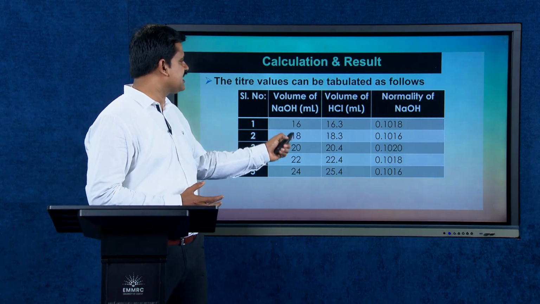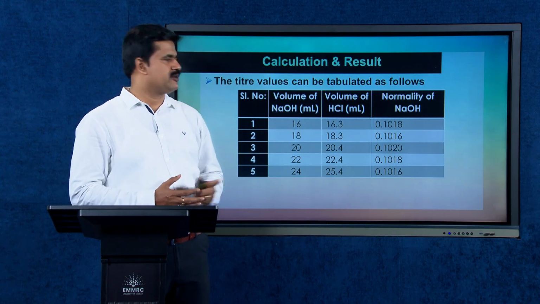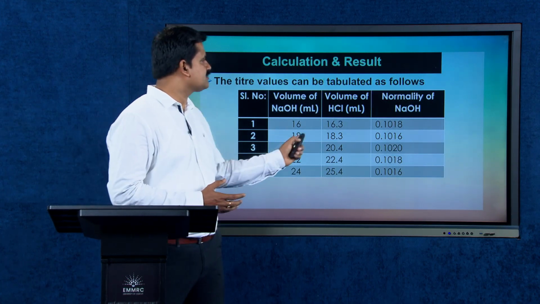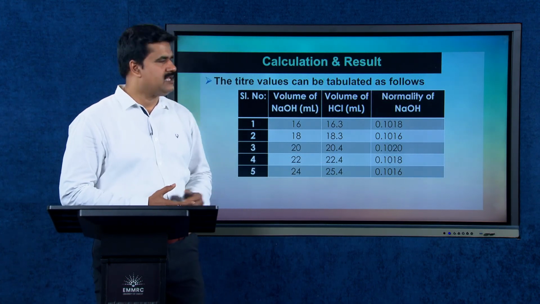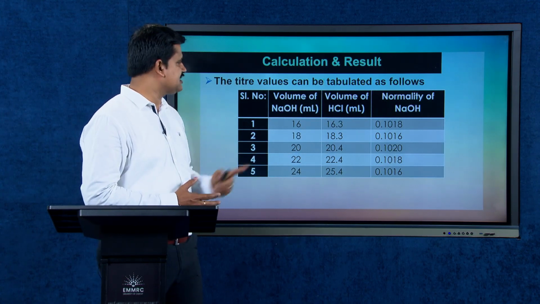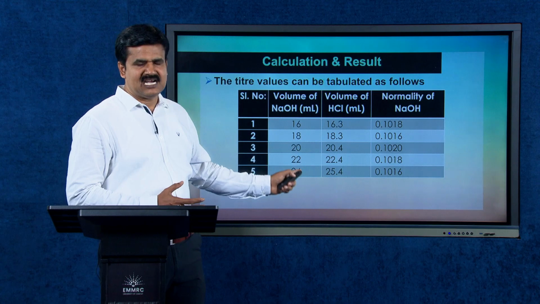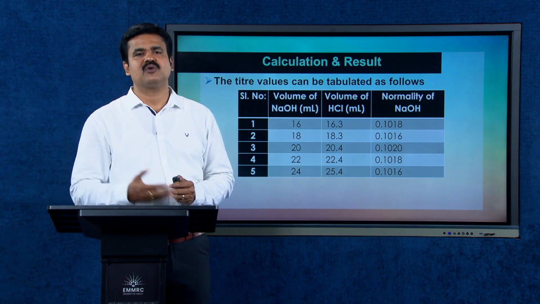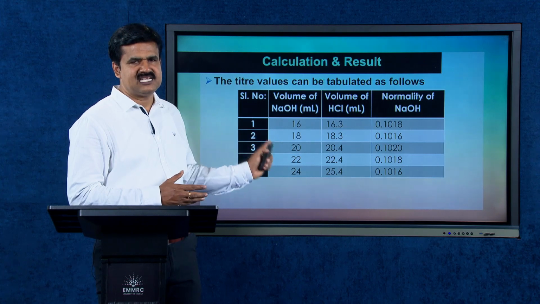And in the second case, you add 2 more ml of sodium hydroxide. So the volume of sodium hydroxide is now 18 ml. Corresponding titer value will be 18.3. You can calculate normality as 0.1016. Similarly, you tabulate all the titer values and corresponding normalities in the table like this.